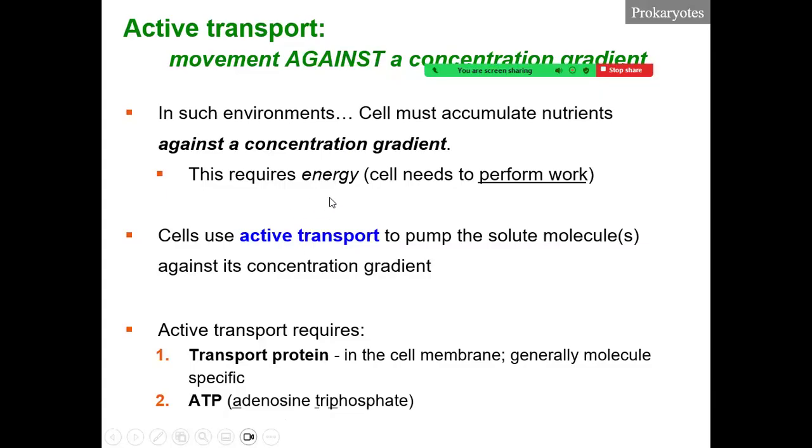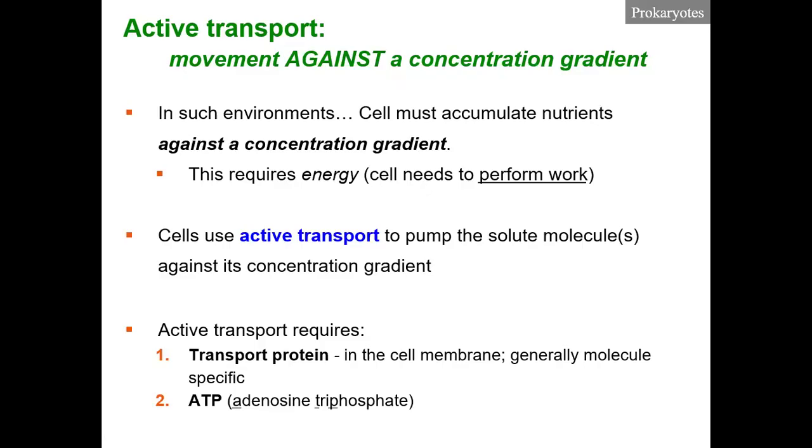It also requires an active transport protein and then one ATP molecule, ATP being adenosine triphosphate, and you use one ATP molecule to move one molecule inside the cell against its concentration gradient. The transport proteins are generally molecule specific, meaning we have a different active transport protein for sucrose than we do for glucose, than we do for lactose.